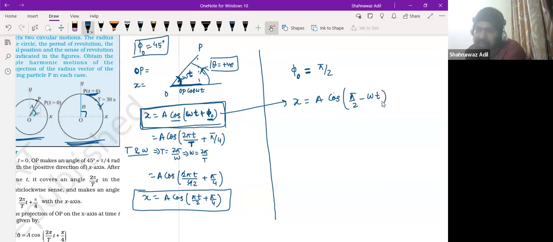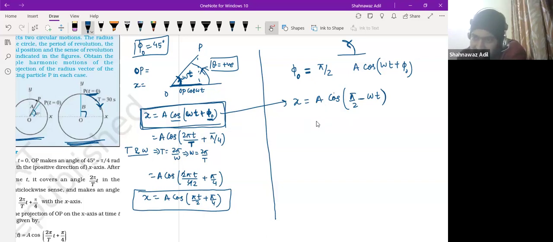Is it clear? Because generally we write it as A cos(omega t plus phi) when the movement is anti-clockwise. But when they are moving clockwise, then we have to take this as minus.